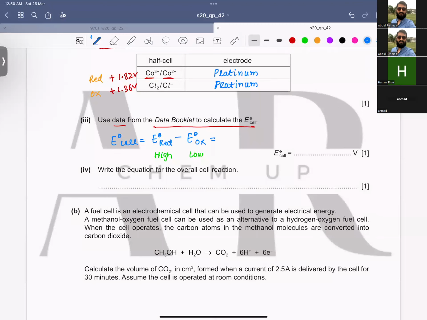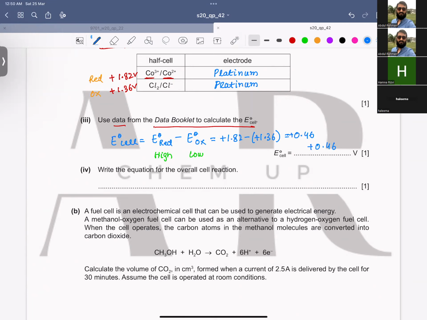So positive 1.82 minus positive 1.36. क्या आंसर आ रहा है? 0.46. So positive 0.46 volts.